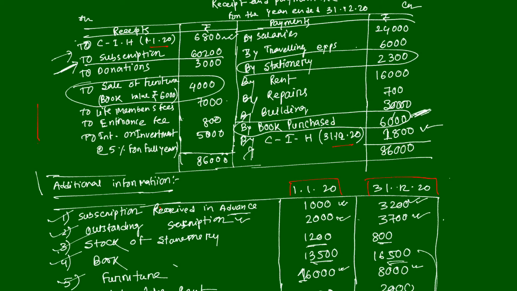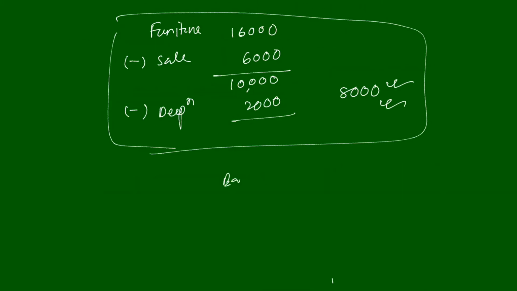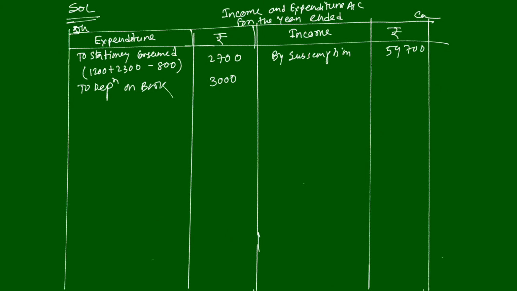And in your furniture part, it is written the book value is 6,000 and you sell 4,000. So if you see that, the book value is 6,000 but you sell 4,000, obviously that 2,000 is your loss on sale. That 2,000 will be written on the debit side of your income and expenditure account as loss on sale of furniture.